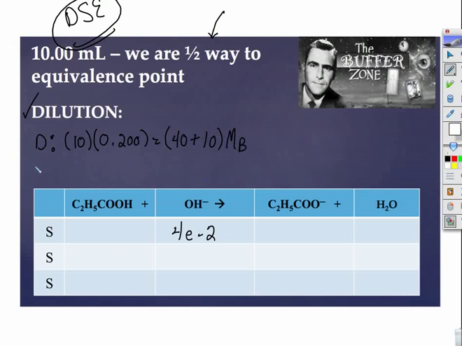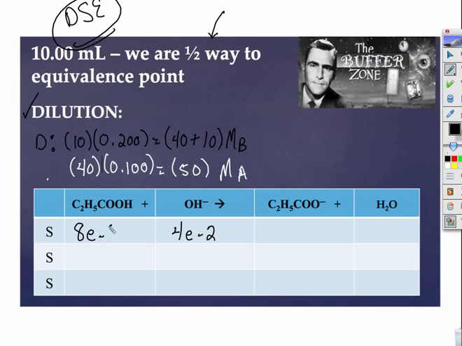Now, for our acid, we have to dilute as well, but we started with 40 milliliters of the acid times its initial molarity, same final volume, and we'd get our molarity of our acid in the same manner. And lo and behold, it's 8 times 10 to the minus 2.